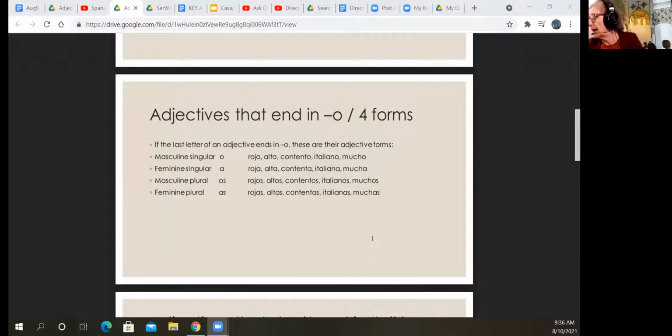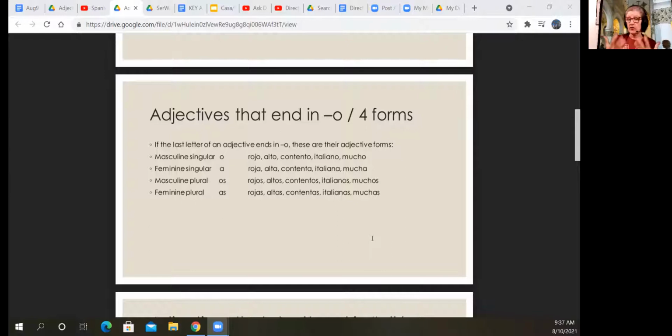If I talk about el celular, the cell phone, every descriptive word talking about that cell phone would have to match up with the masculine singular phone, okay? But if I talked about two electronic devices, that would have to be a masculine plural word. So on and so forth. That's the way it goes.